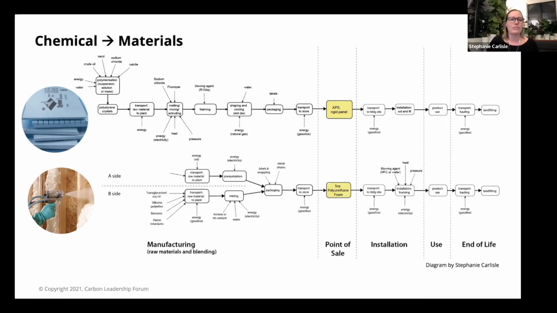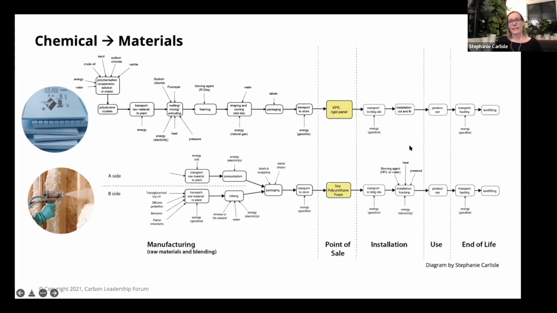So how are we making those polystyrene crystals? What are all the chemicals that are coming together every time there's a blowing agent used, or heat or water or pressure? There's all sorts of processes going on. But we're also going to think about what's happening on site, right?